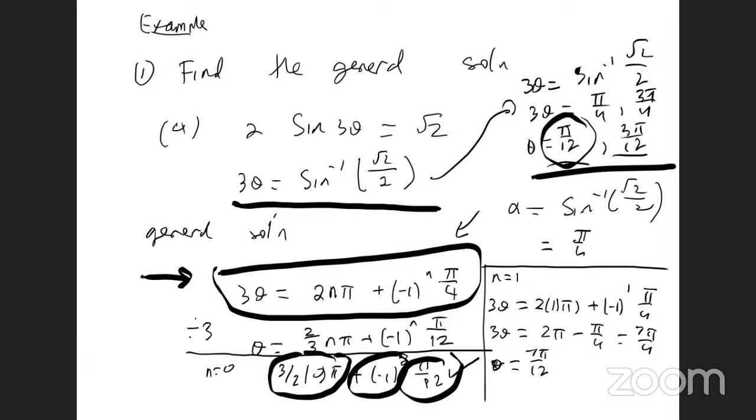How much you got? 3 pi on 4 divided by 3. Same thing, Shirish. All right?